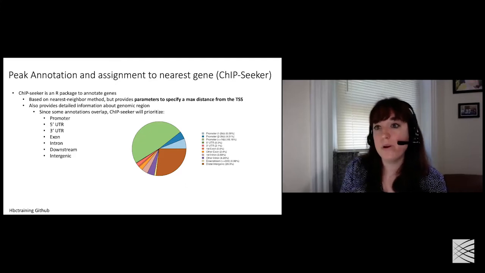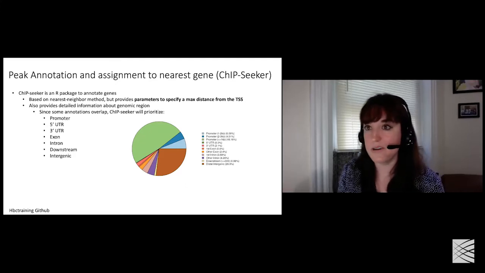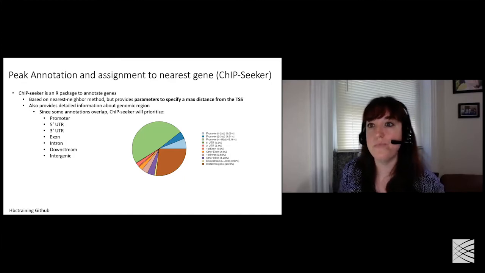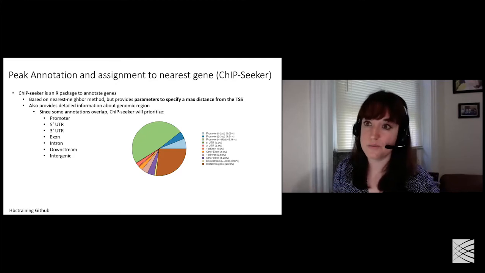So the program that I use here, and I'll talk about on this slide, is called ChIPseeker, which is an R package that will annotate these genes, and it's based on the nearest neighbor method, but you can provide parameters to specify a maximum distance from the transcriptional start site.